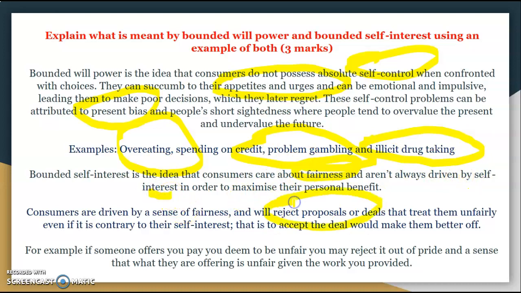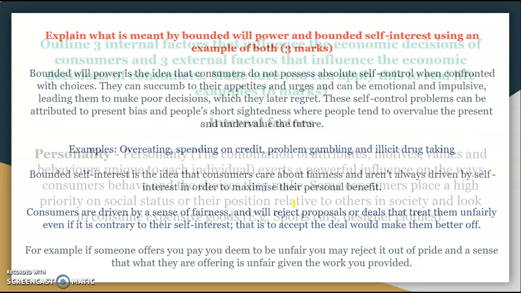For example, we might reject proposals that treat others or us unfairly, even if it's in our own financial best interests to accept that offer. Like in the ultimatum game you played, if you got a really low offer, say $2 when they're splitting the $50, you didn't take that because it wasn't fair, even though technically you're better off taking it because you get zero if you reject the proposal.